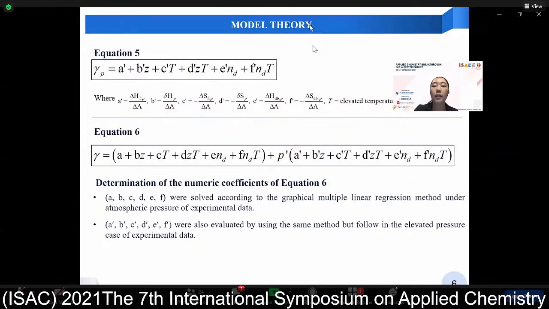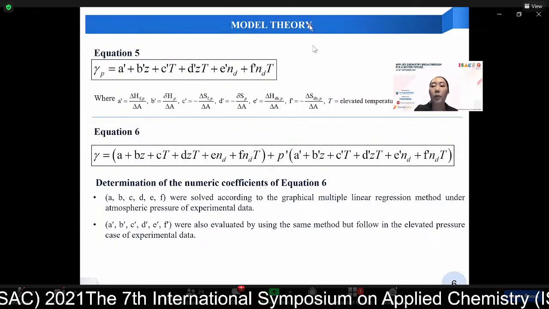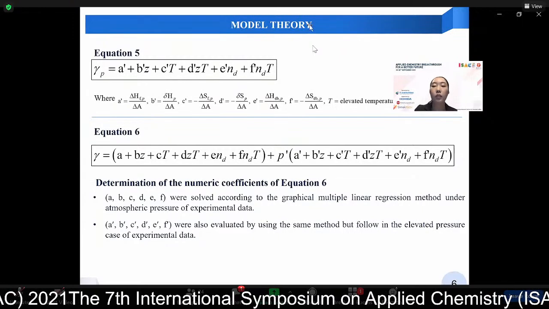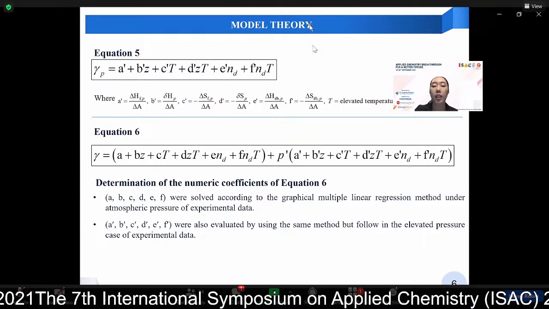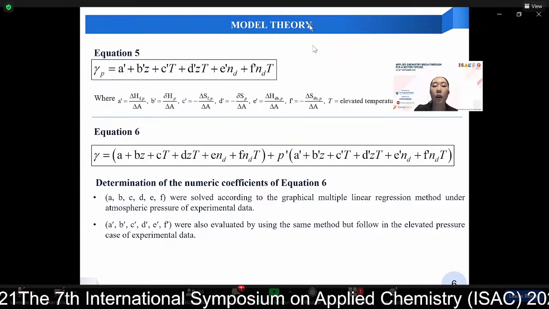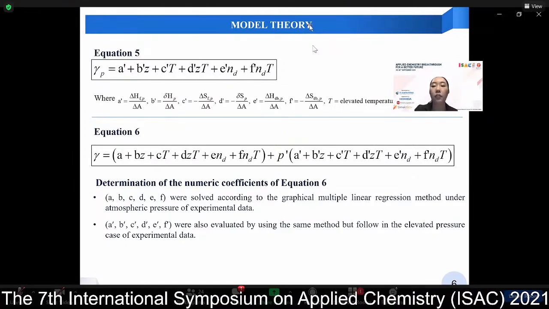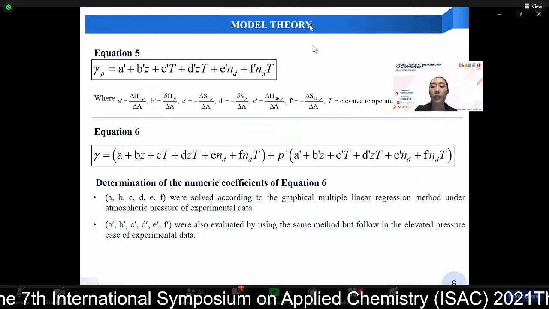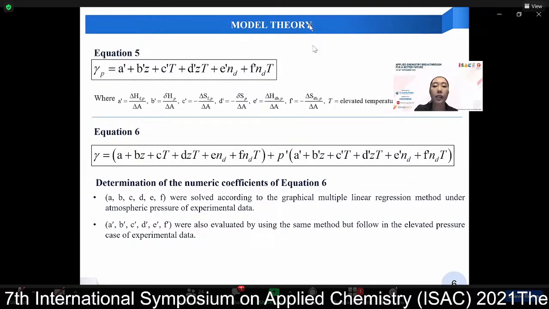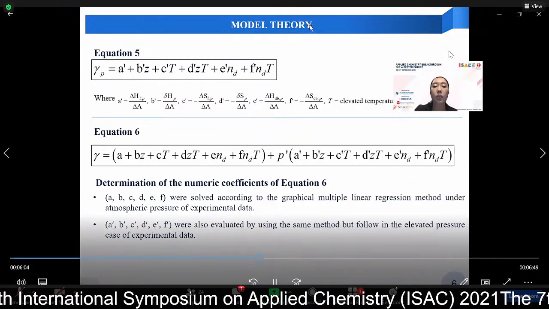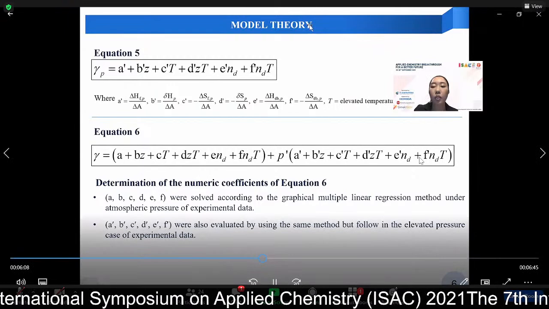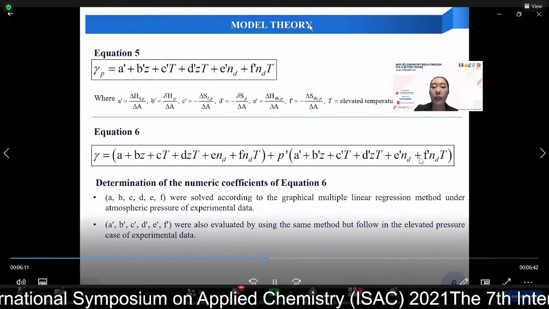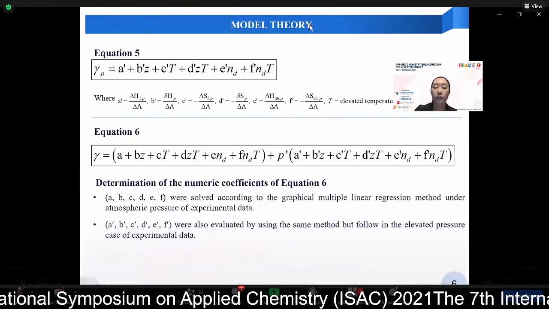Following equation 1, the surface tension term of evaluated pressure, which is shown in equation 5, can derive same in the atmospheric term by Gibbs free energy theorem. Substitute equation 1, 5 into equation 4. The final predictive model can be divided in simple linearized model as shown in equation 6, and determination of the numeric constant of equation 6 by multiple linear regression.